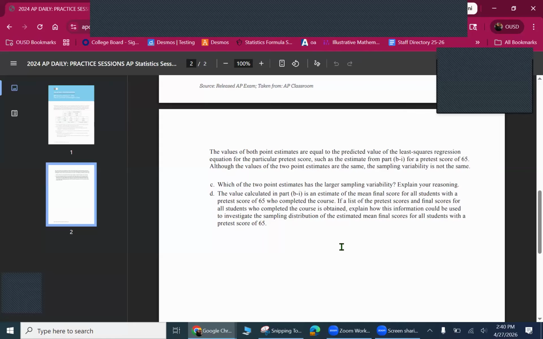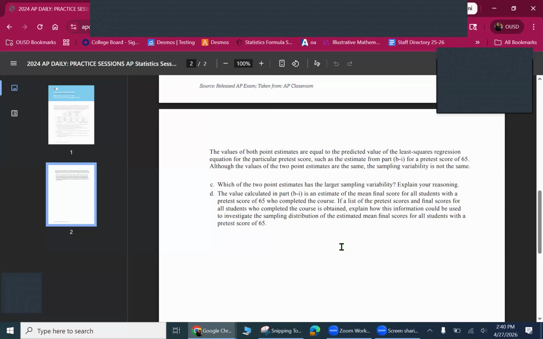Although the value of the two point estimates are the same, the sampling variability is not the same. Which of the two point estimates has the larger sampling variability? Explain your reasoning. So first of all, you have to take a guess, and then you have to explain why your guess is right. Now, the reasoning here is, well, if I average a whole bunch of scores together, it's more likely to be close to my prediction.